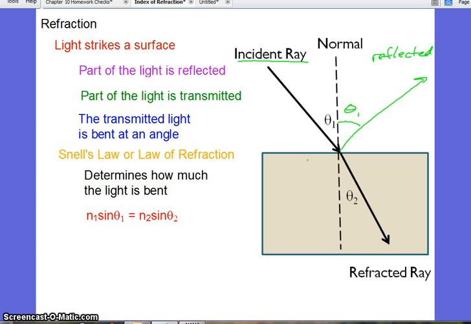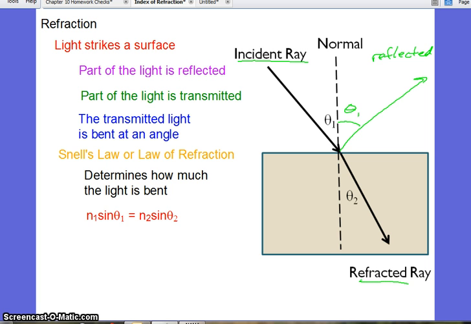However, depending on the type of material, some of the light goes through the material. It's transmitted through the material. We refer to that as the refracted ray, because that light is bent as it goes through the material. Now we show this relationship of the index of refraction to its angle through something called Snell's law, or the law of refraction.